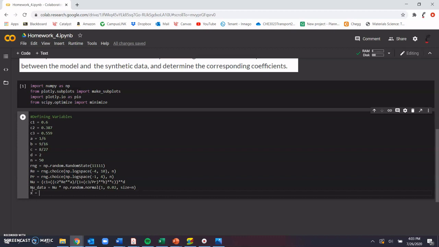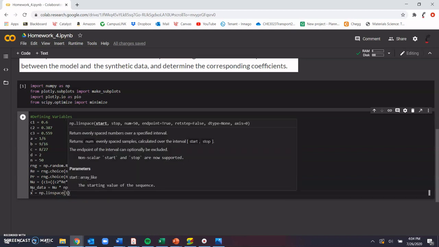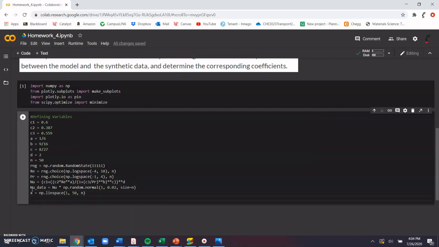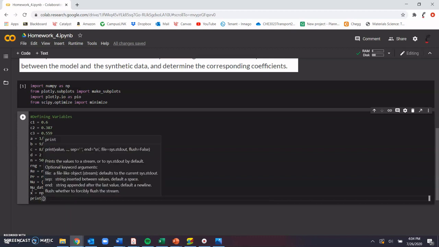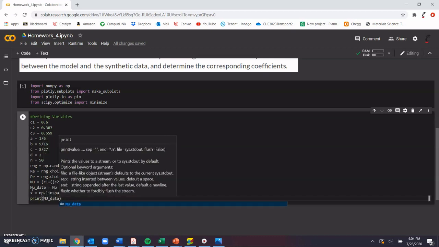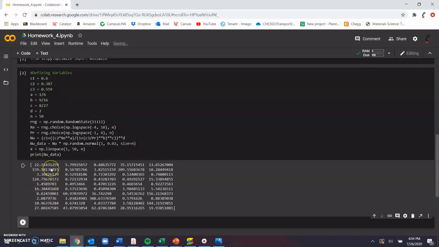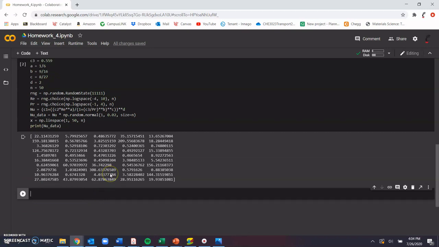So I'll just do x equals np.linspace from 1 to 50 with n points. I'll actually go ahead and print the Nusselt number data. So this is what our Nusselt number data looks like right now.